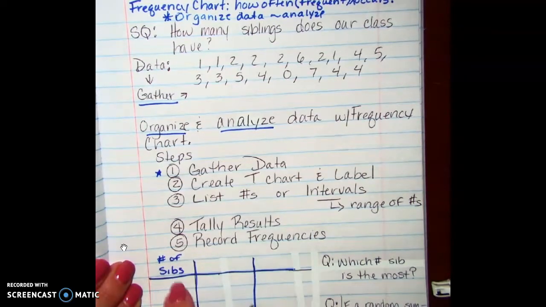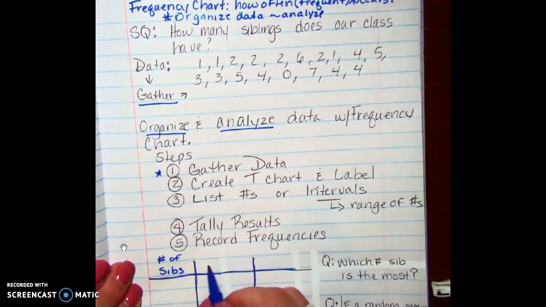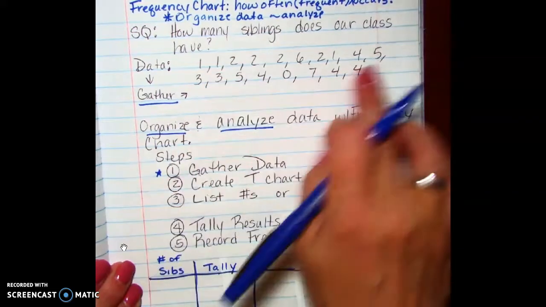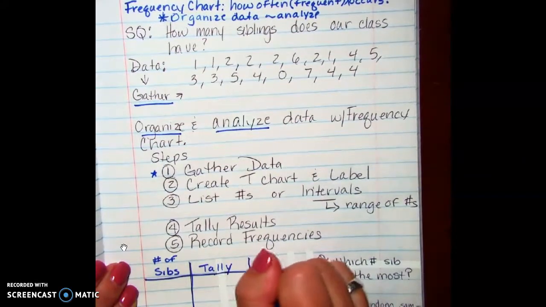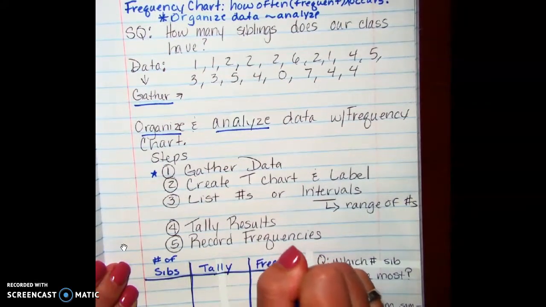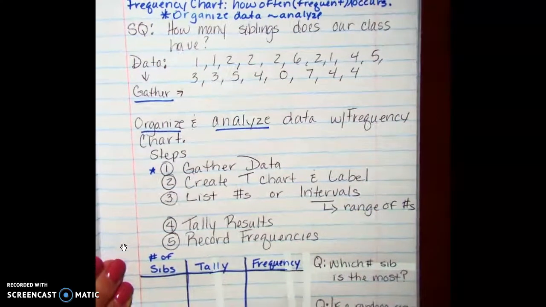Okay? So I'm going to list my siblings. Then I'm going to tally how many of each of these numbers here. And finally, we're going to write the frequency. And then we're going to analyze by answering these questions that I have here.